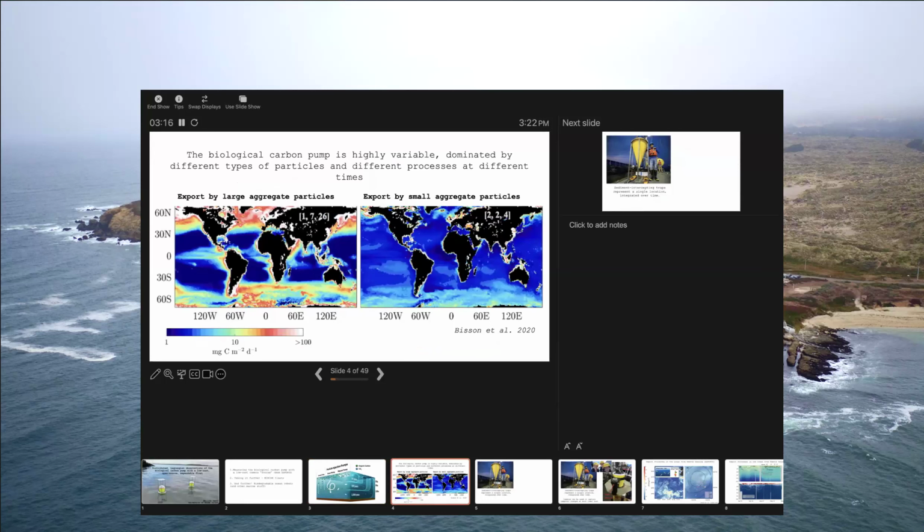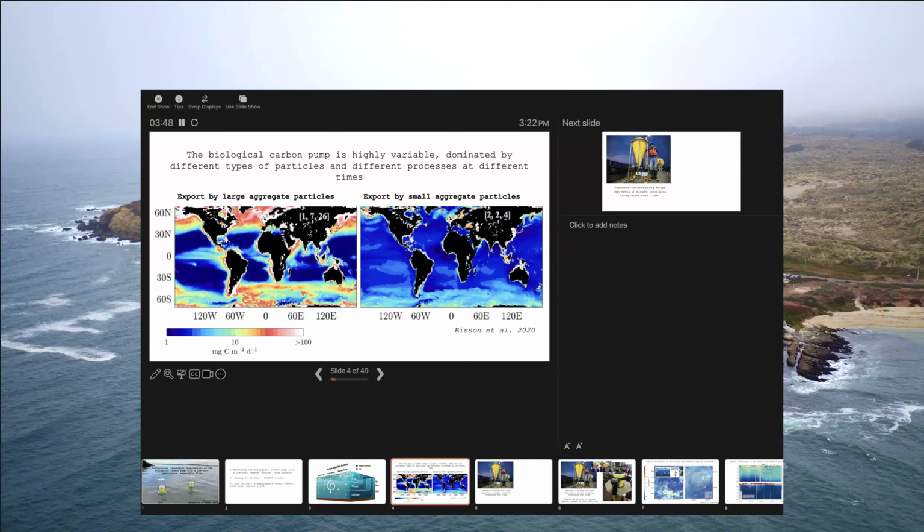And the biological carbon pump, as its name would imply, is biologically mediated carbon. It's carbon that has passed through a biological system, been transformed or fixed into organic carbon, and as such, it is highly complex in terms of the ways in which it can be moved vertically, but also the ecosystems through which it passes.